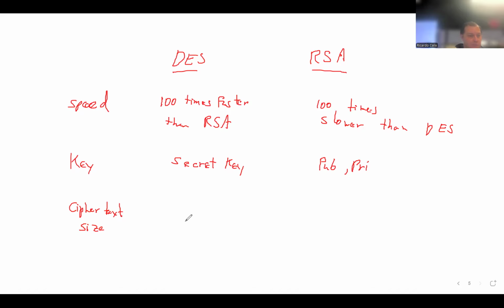Here in DES, you could say for each block, cipher text is the same size as plain text.